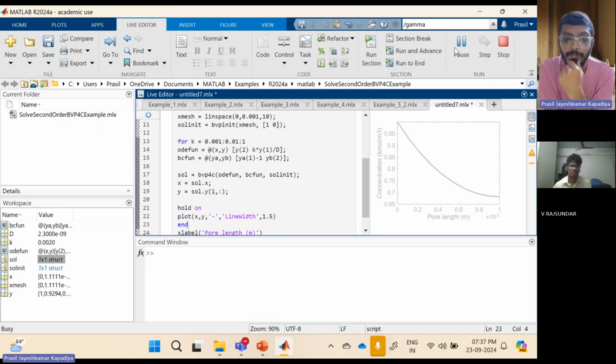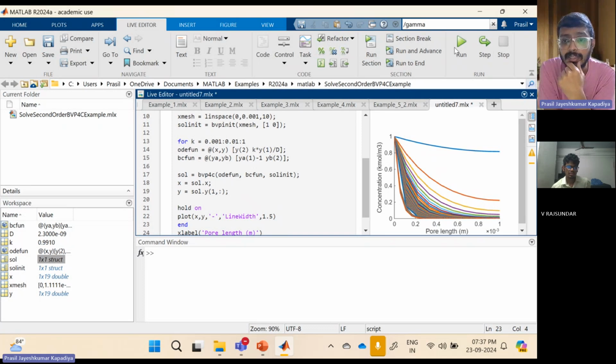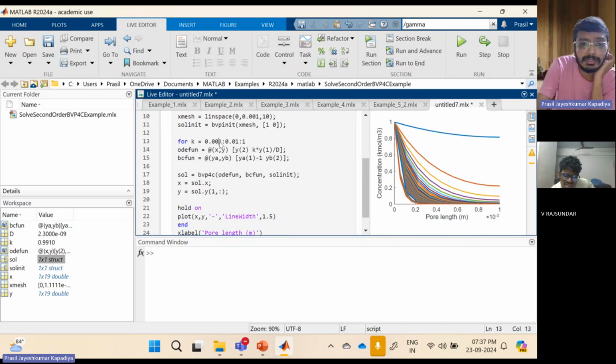So if I plot it, we are seeing the effect, but this is really messy. So what we can do, let me go from 0.1 to 0.5, some 10.